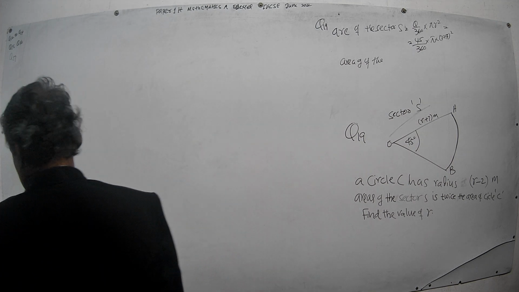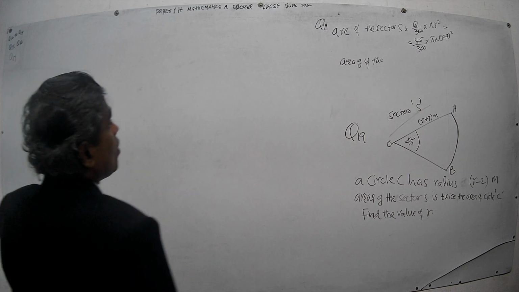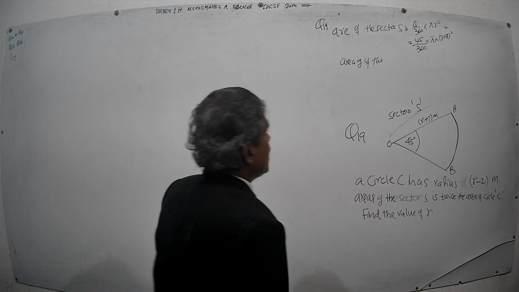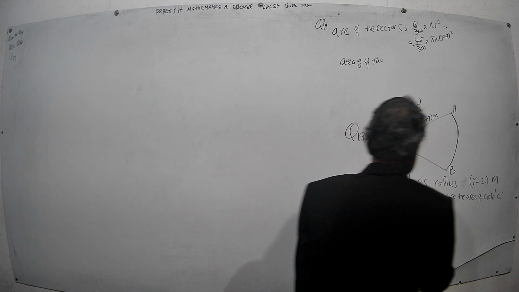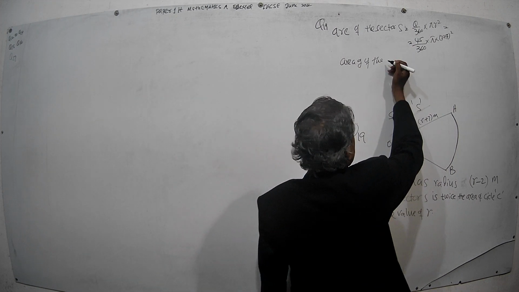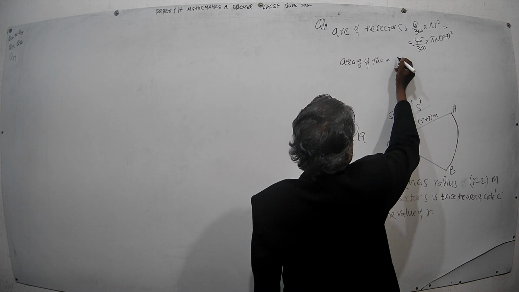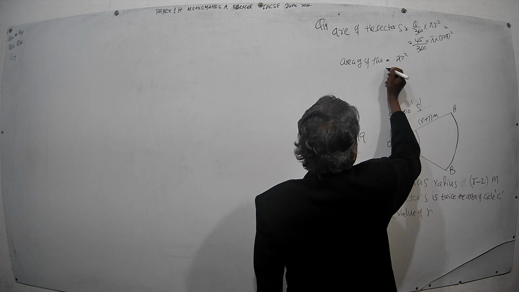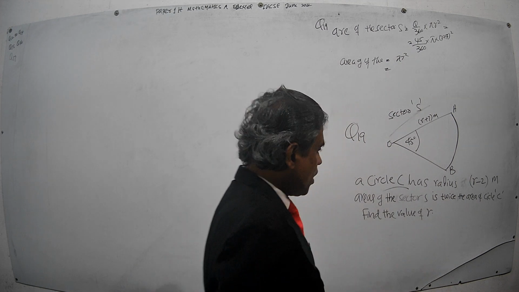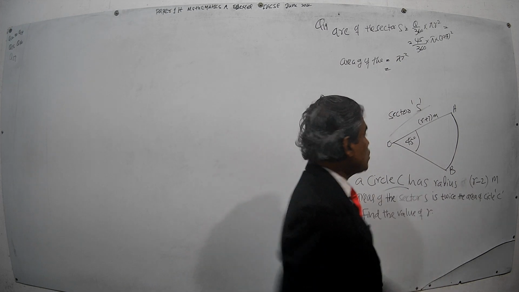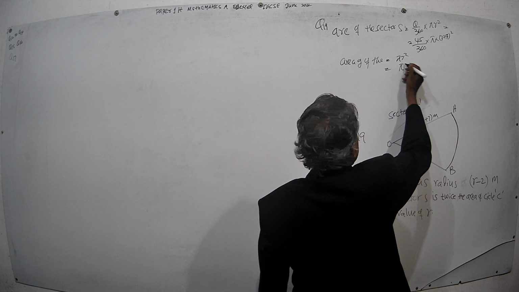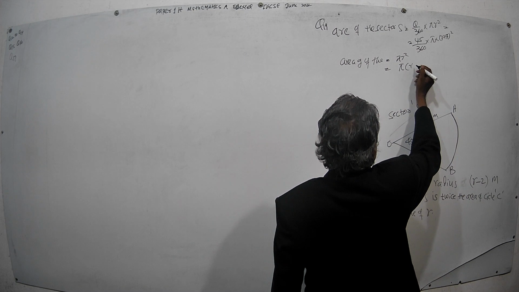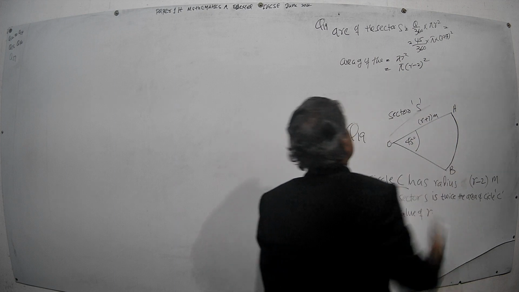Area of the circle C we are going to write. How do we define the area of the circle? That is pi r squared. Then r is R minus 2, substitute: pi into (R minus 2) squared. This is the area.